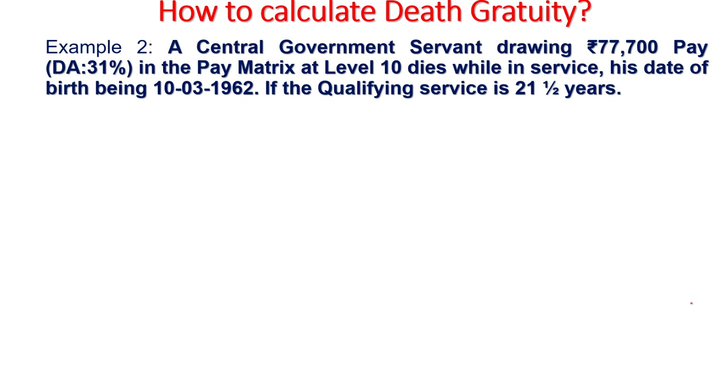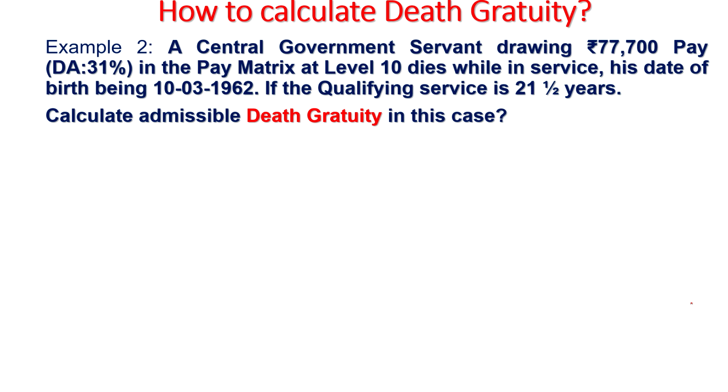The same case: a central government servant drawing 77,700 pay, level 31 in the pay matrix, dies while in service. His date of birth is 10/3/1962. Qualifying service is 21 and a half years. What is the admissible death gratuity in this case?